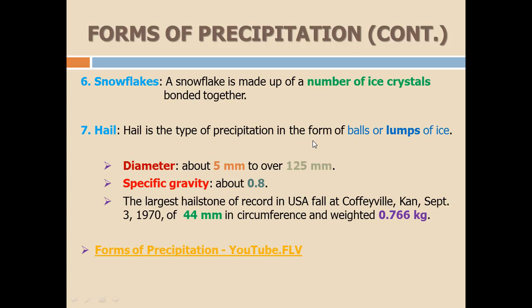That is why the specific gravity of hail is 0.8, meaning that these are compressed ice. Its diameter is from 5 millimeter to more than 5 millimeter.